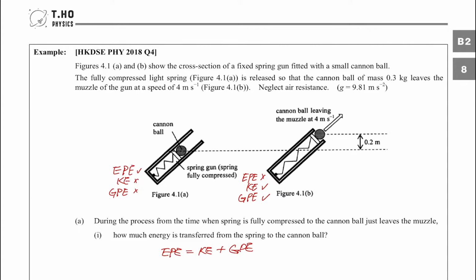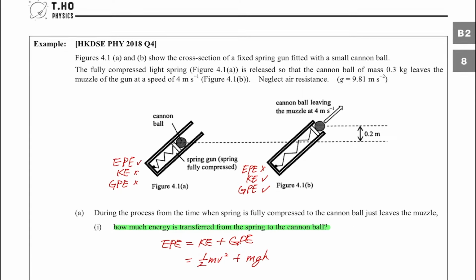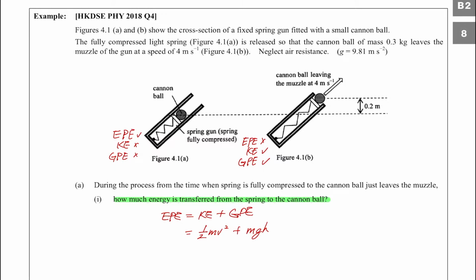So in part A1, it asks us to calculate how much energy is transferred from the spring to the cannonball. So basically we are calculating the amount of EPE in the spring. So we can express the KE in terms of half mv squared and the GPE in terms of mgh. As the cannonball is moving with 4 meters per second, we can substitute in the number.